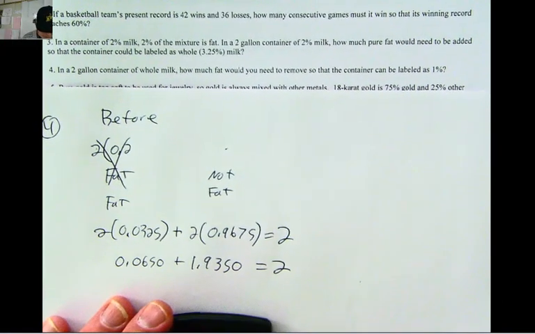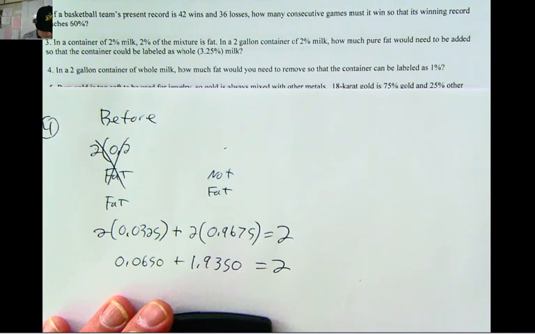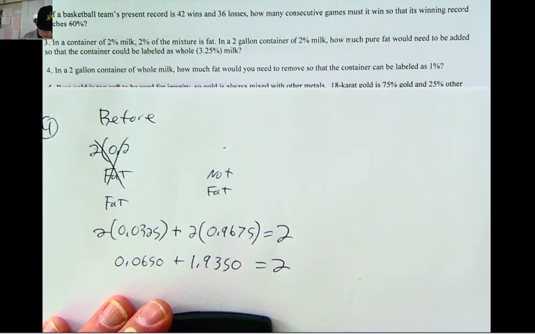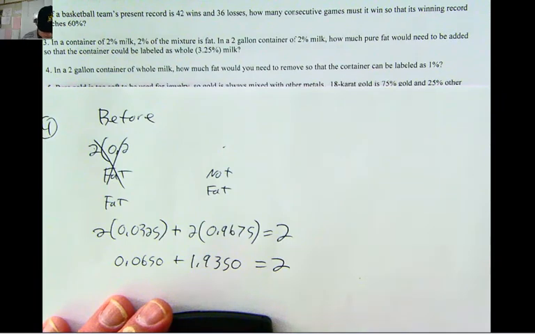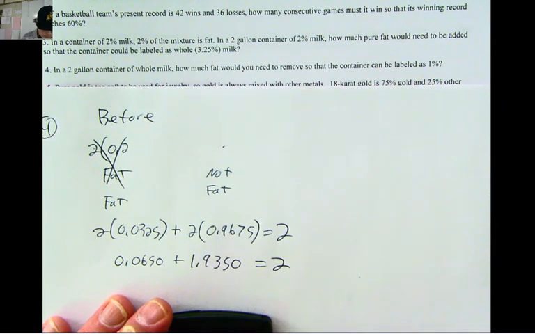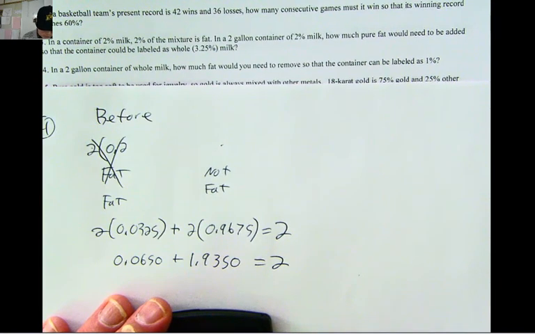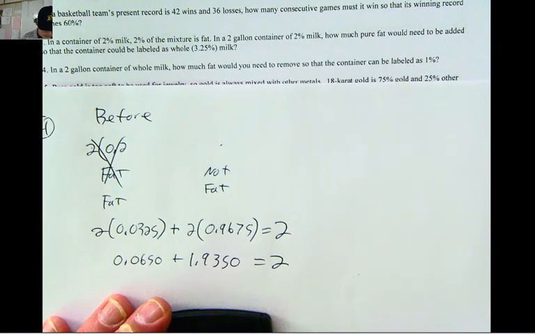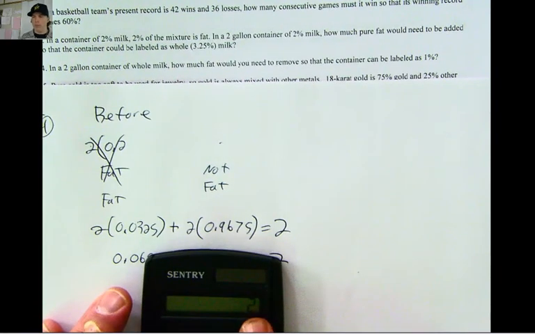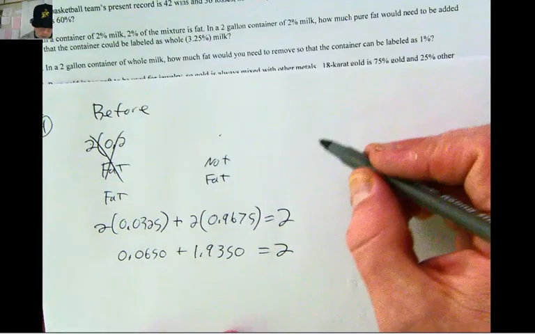I'm just going to check that out. 0.0650 plus 1.935. Oops. Start over, Elliot. 0.065 plus 1.935 gives me 2. Boop. Okay, so that's what's happening before.